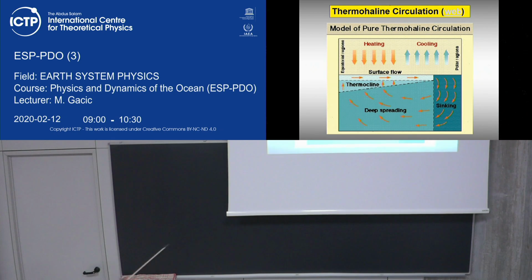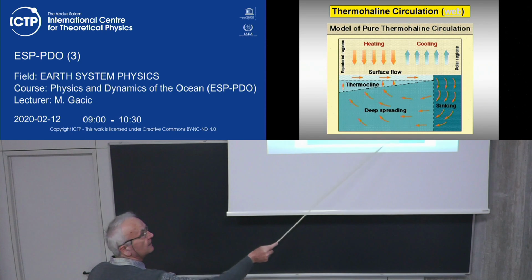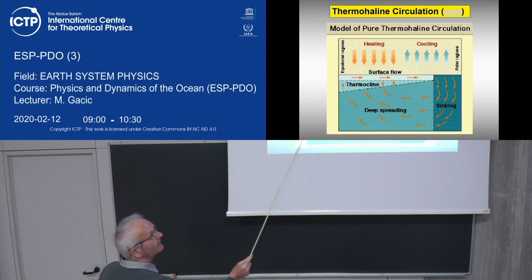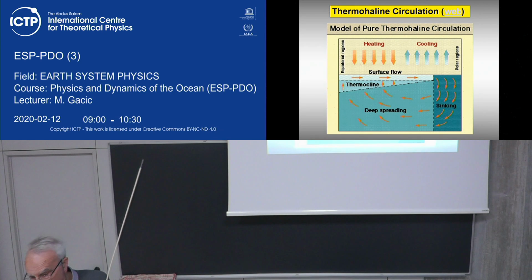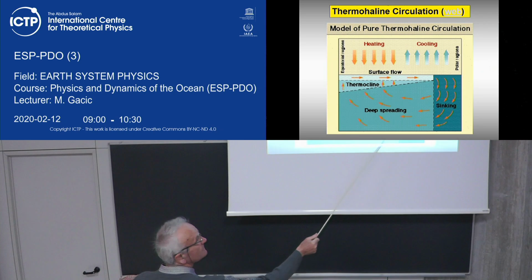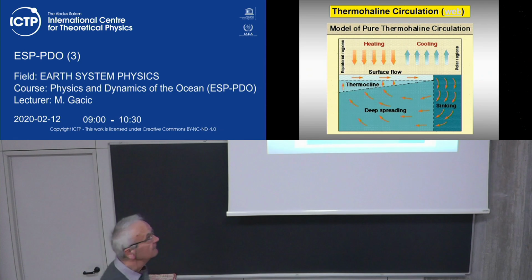This circulation cell is closed and maintains the continuity of the water volume on one hand. On the other hand, it redistributes the heat between the polar and equatorial areas, and so this is the pure thermal circulation. In fact, better to say thermal.